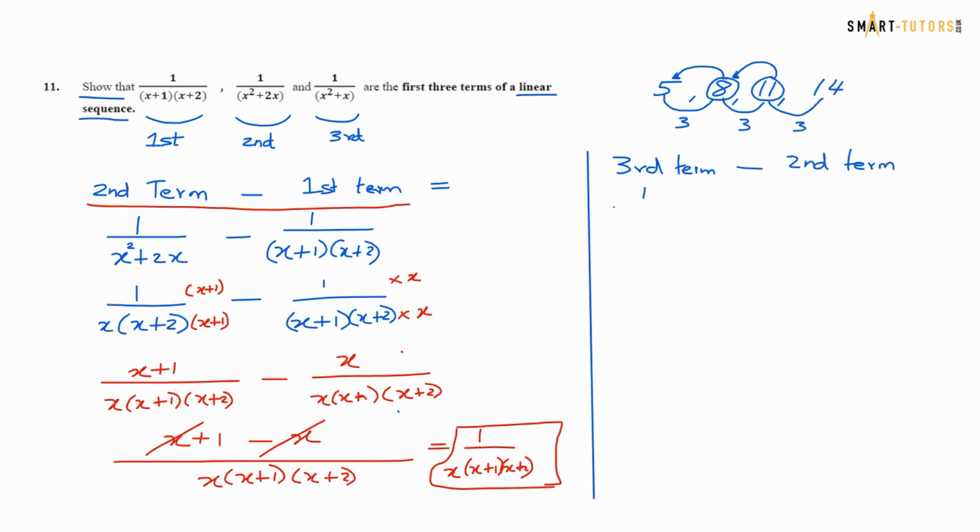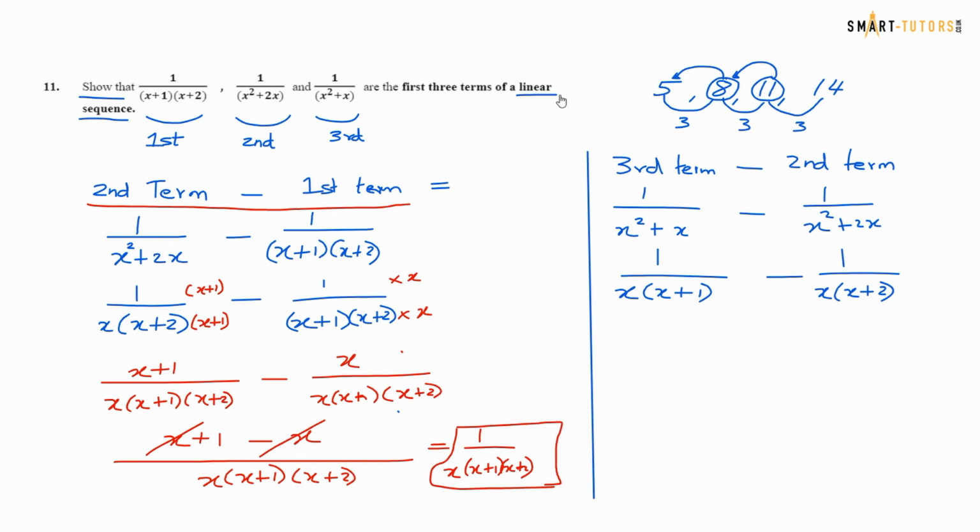Third term is 1 over x squared plus x, take away 1 over x squared plus 2x. We're going to do the factorization. I can take the x out, x(x plus 1), minus 1 over, I can take the x out, x(x plus 2). In order to make both denominators the same, x plus 1 is there.